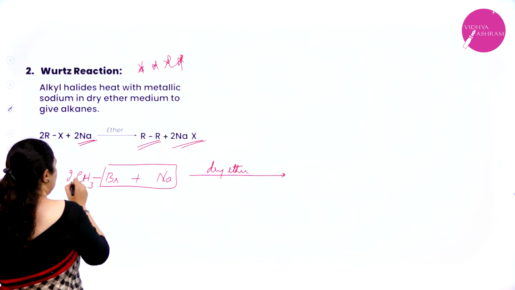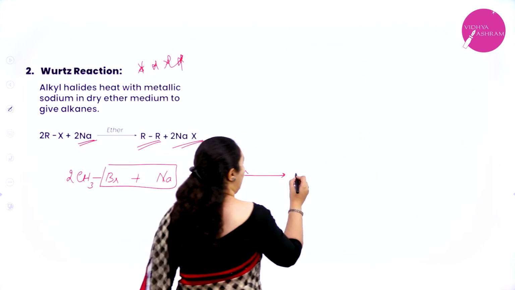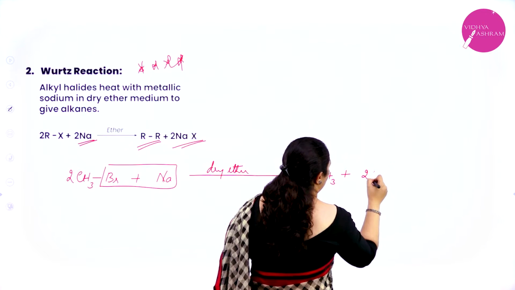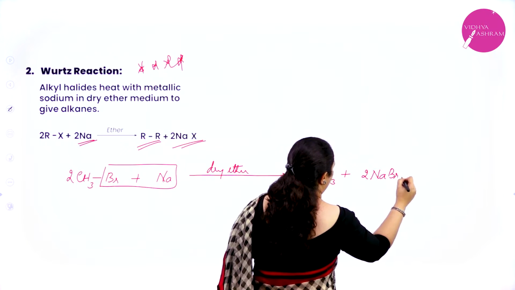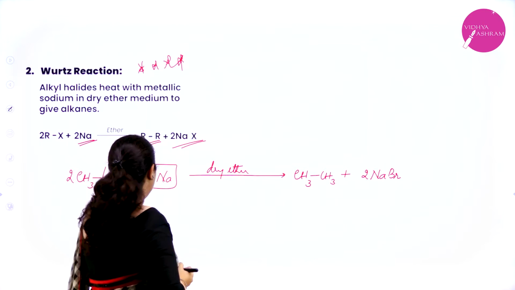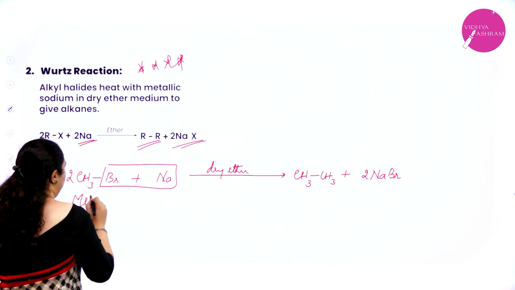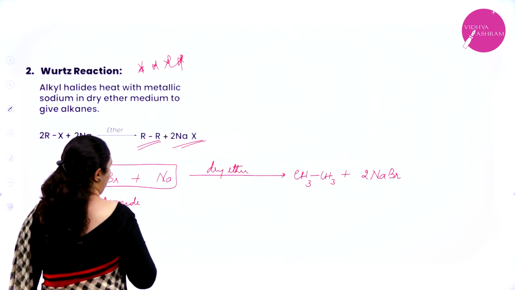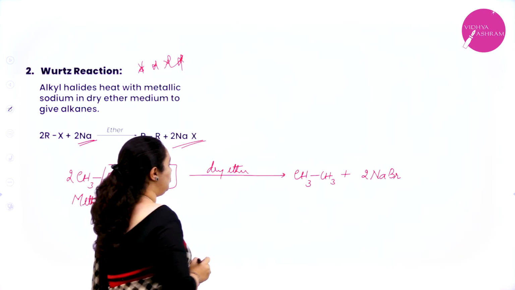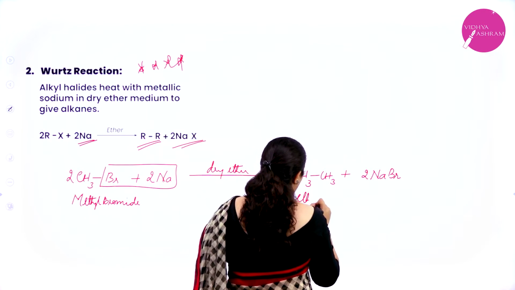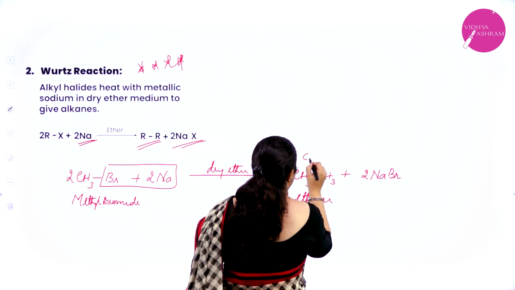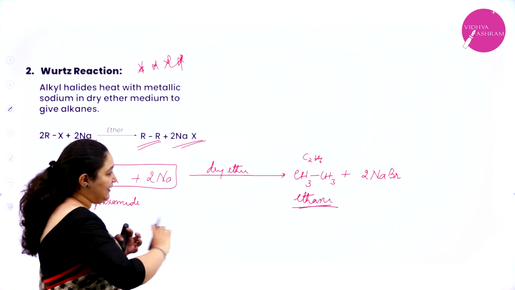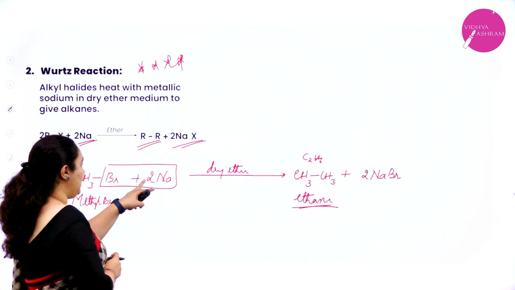That is because 2 CH3 groups will come together to form a bond, and 2 NaBr will be removed. So you took methyl bromide, 2 of it, with sodium, dry ether, and you got ethane. What is this? This is C2H6, isn't it ethane? Correct?